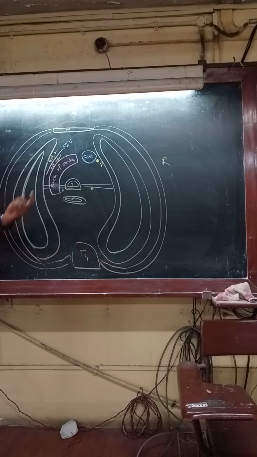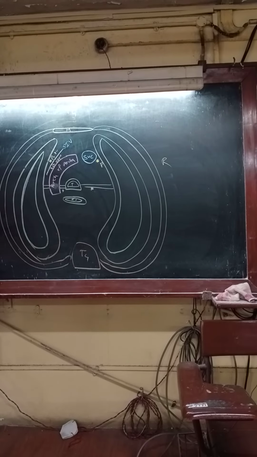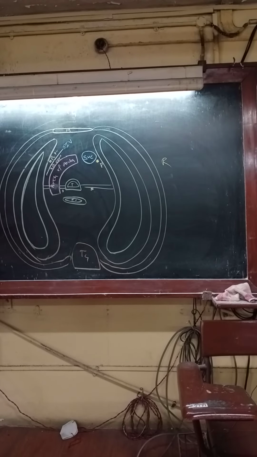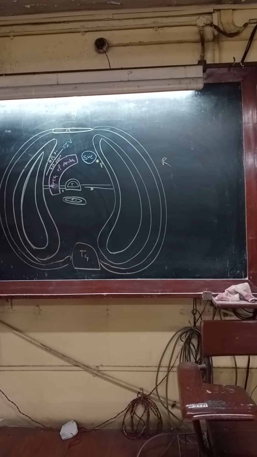Even if it was not there, it would have been stuck with the arch of aorta. Therefore, left recurrent laryngeal nerve is a part of thorax. Right you don't see. Right goes up.